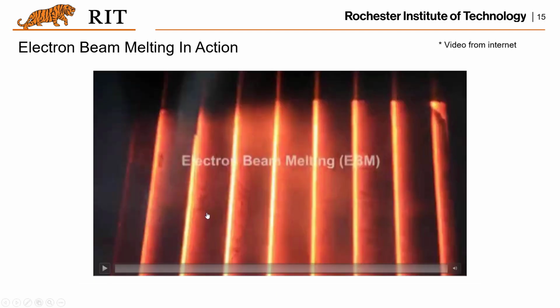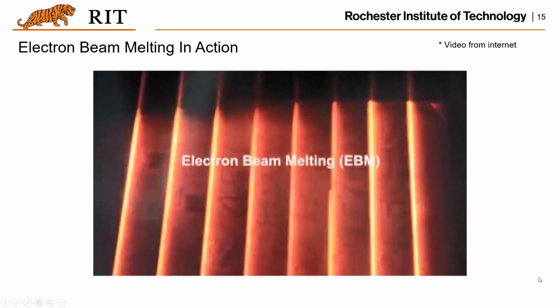Also, let's look at the electron beam melting and see how it looks.